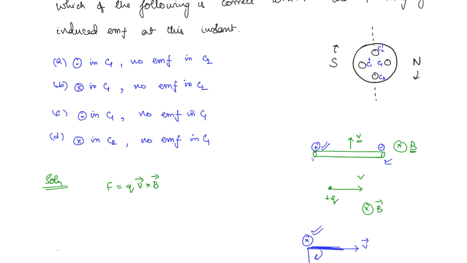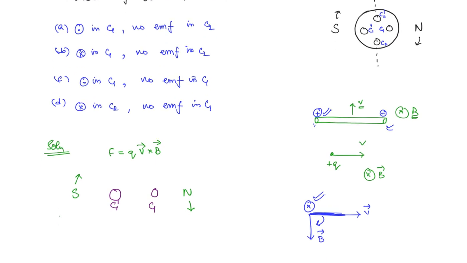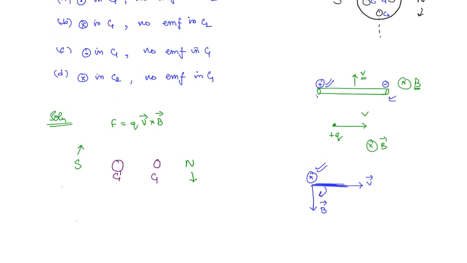First, if you take C1, C1 dash. If you redraw C1 and C1 dash, this is C1 dash and this is C1. Now the poles are moving in this direction. So effectively, what will be the relative velocity if you consider the south and north poles to be stationary and instead the conductors are moving?